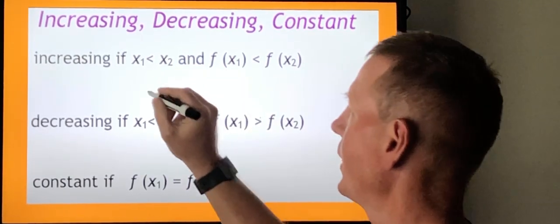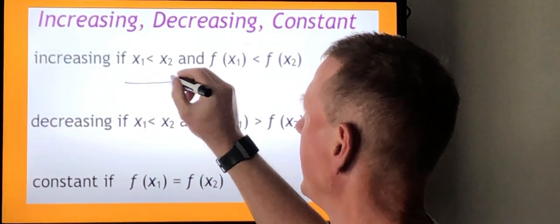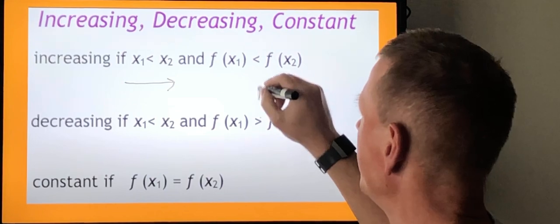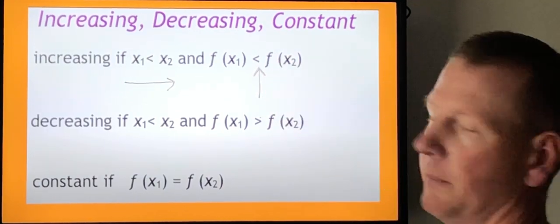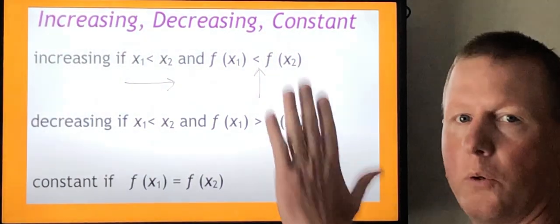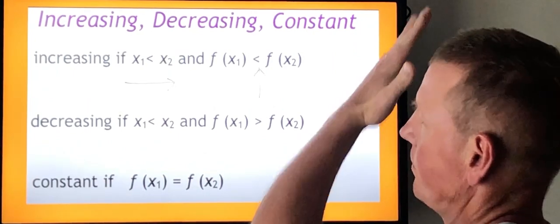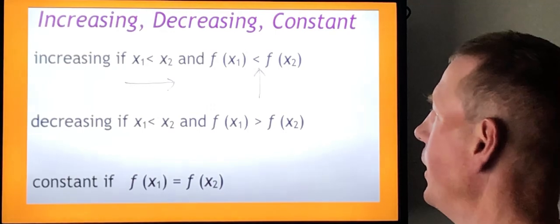So basically, when we're thinking about the graph, as x gets bigger or goes to the right, the y value is going up. So I'm going right, I'm going up. Basically, I'm going up the hill.